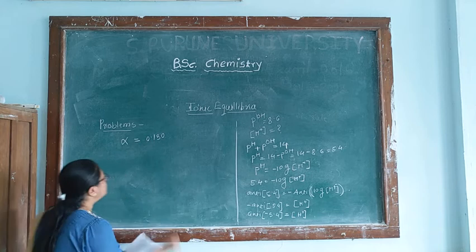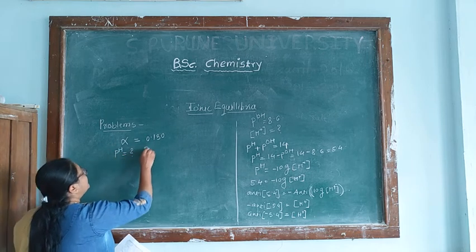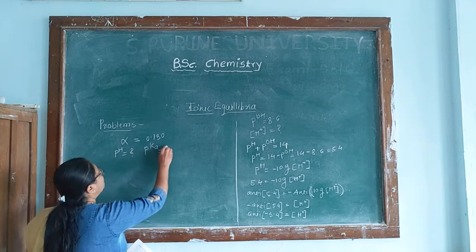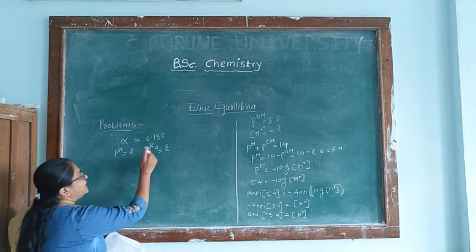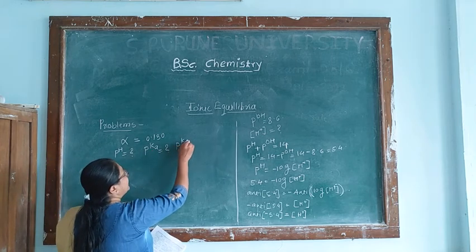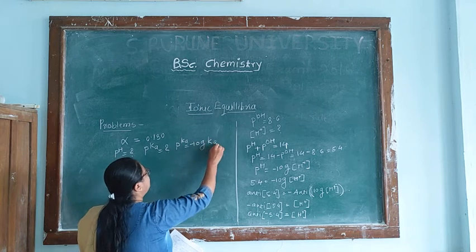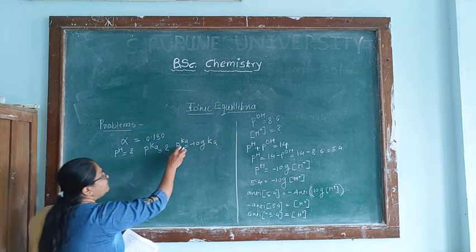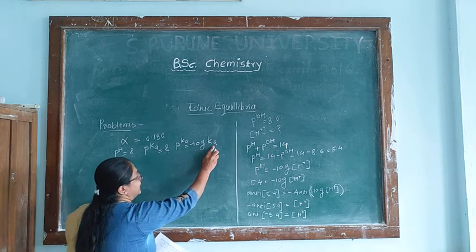Calculate the pH of the solution. We have been asked to calculate pH and pKa of the monobasic weak acid. The relation of pKa and Ka is that minus log of Ka is pKa. That means to calculate pKa, we need to know the value of Ka.